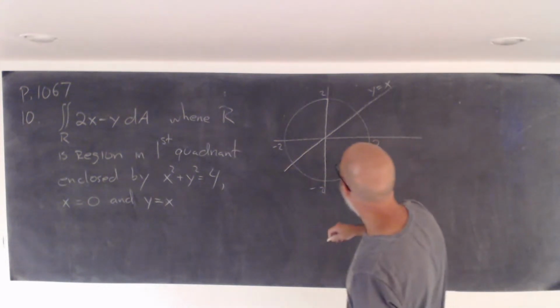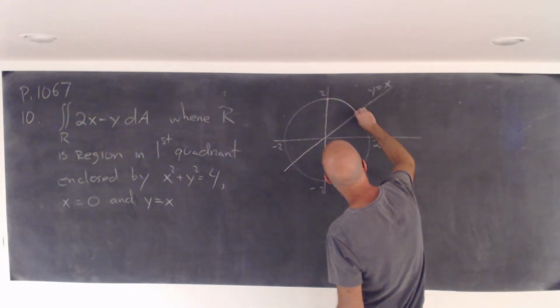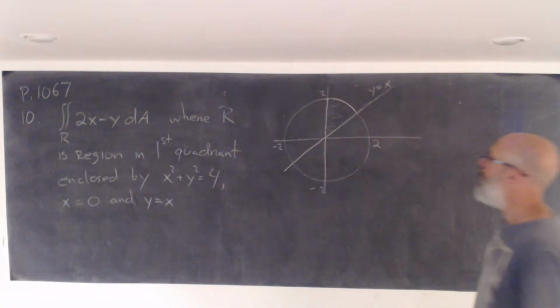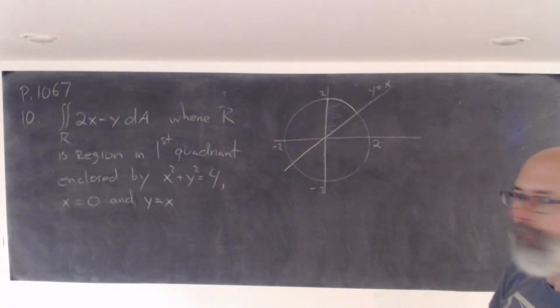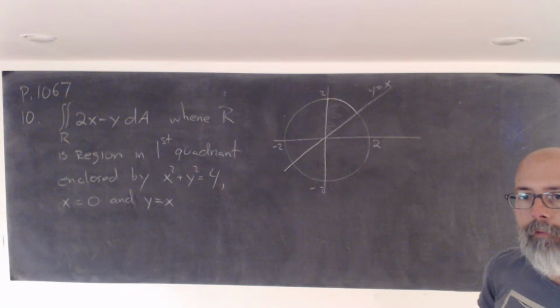And we want the first quadrant. So what does this mean? I believe that we are referring to this region right here. Everybody comfortable with that? How are we doing?